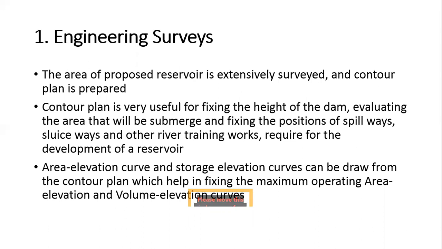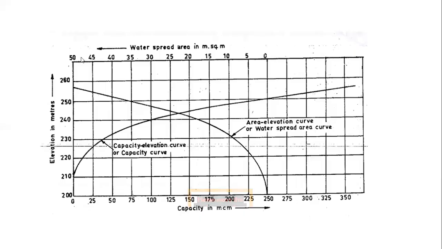At the same time, one also needs to have the area elevation curve. Now it's a simple plot of water spread against the elevation and also capacity against the elevation. There are two curves here. Water spread versus elevation, in terms of meters: as the water spread area increases, the elevation needs to increase, or the water spread area increases along with the elevation.